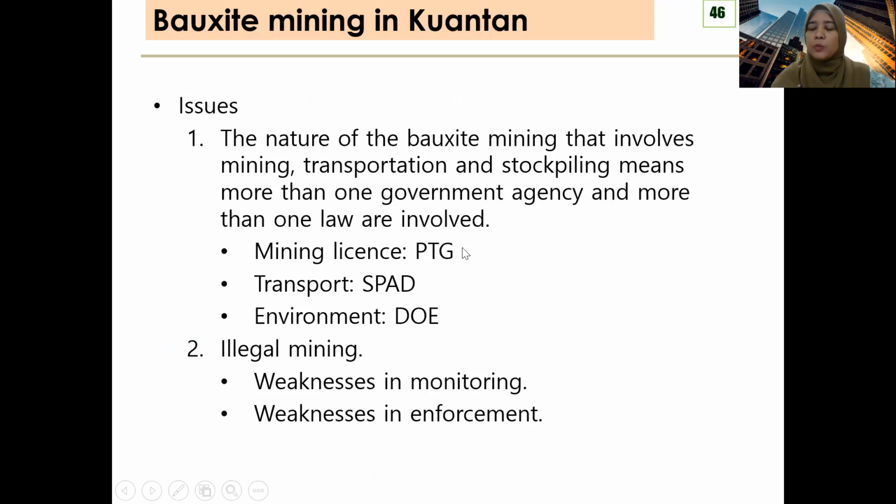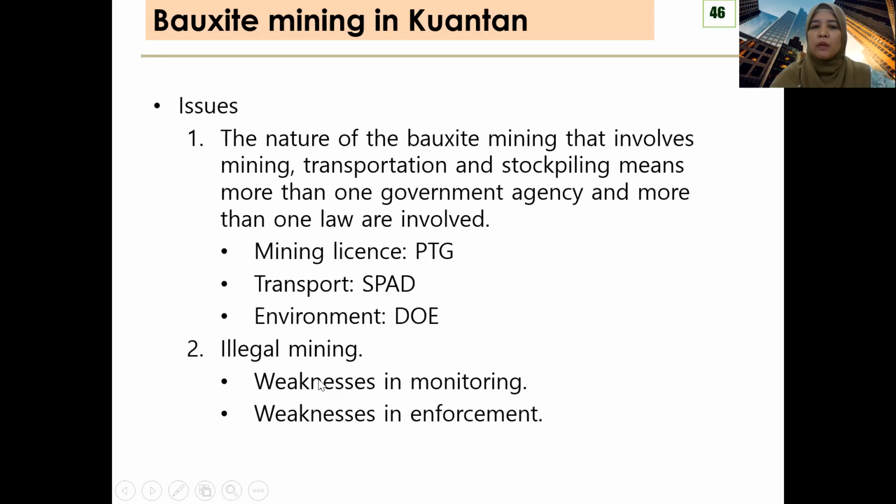And the 34 mining licenses were issued by PTG. Transport, because it needs to be transported to the storage facilities, SPAT, Suruhanjaya Pengangkutan Awam, kan? So the transport department, and then the environment, DOE, the control of pollution is under the Department of Environment.